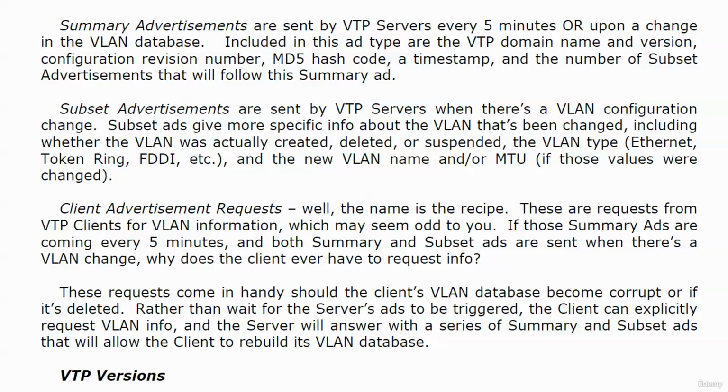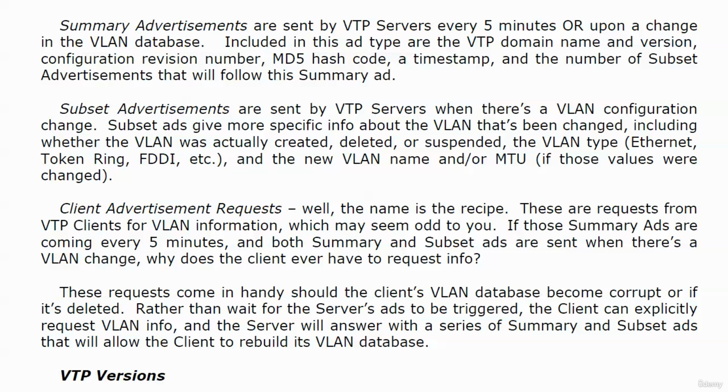Now, it would sound to me that we've got all our bases covered with our summary ads and our subset ads. I mean, we've got these things going out whenever there's a change that triggers them, or a summary advertisement is going to go out every 5 minutes, period. So the title of this third ad, a client advertisement request, I'm a little embarrassed to tell you what a client advertisement request is.